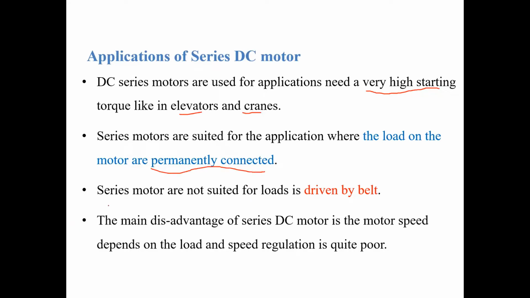And thirdly, a series DC motor is not suitable for a load driven by belt, because sometimes the belt might fail, so it's very difficult. The main disadvantage of the series DC motor is that the motor speed depends on the load, and the speed regulation is quite poor, unlike the case of other DC motors.